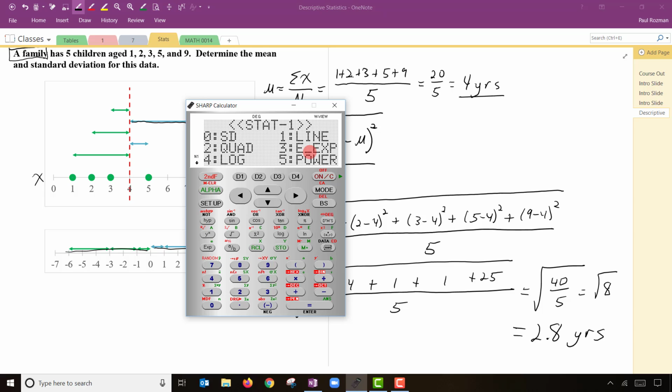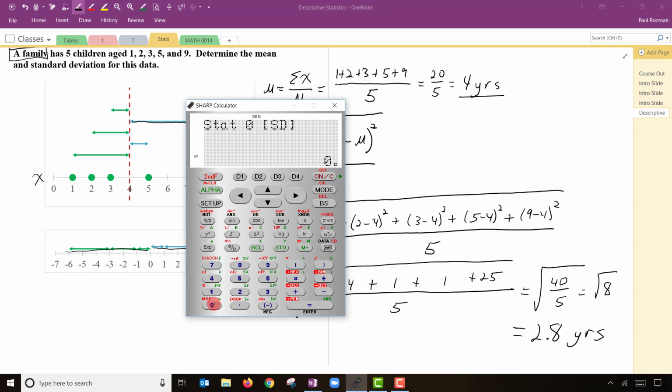And then it gives you various stat modes, and they're kind of weirdly named. The first one is SD, then line, quad, exponential. We want to be in SD. It stands for single data set. So I'm going to press 0 next, because I have a single set of data. And that's mostly what we'll use in this course.